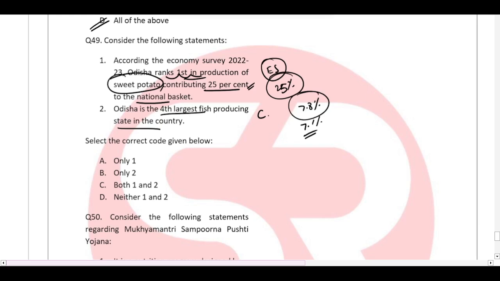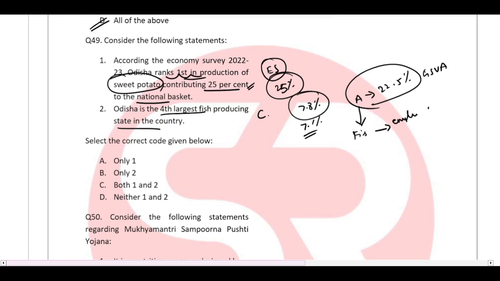So in the agricultural sector, we know it contributes almost 22 percent to the GSVA of the state government. But within the agricultural sector, the fisheries contribute almost, and the fisheries employ around 46.8 percent of the workforce.